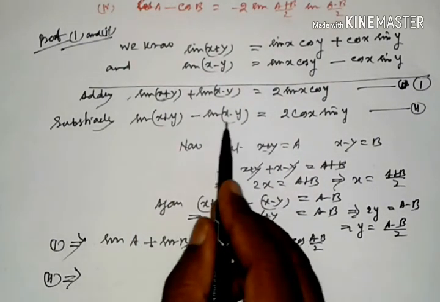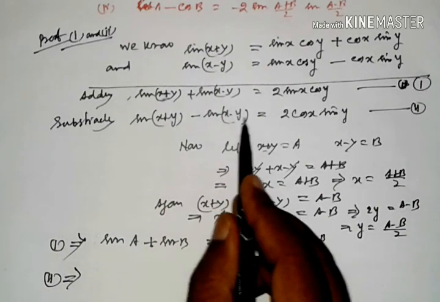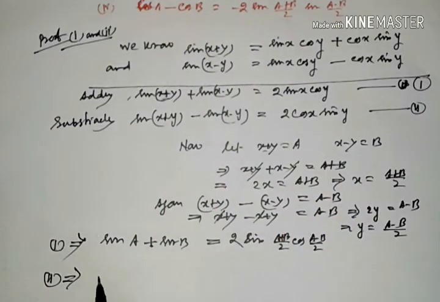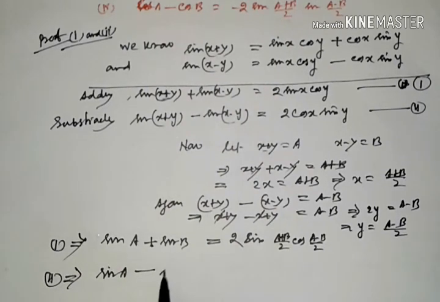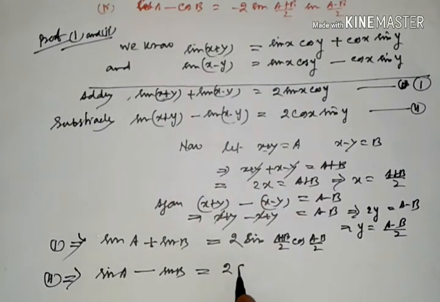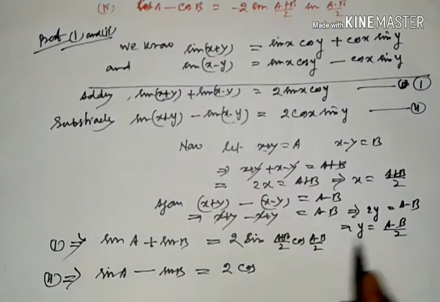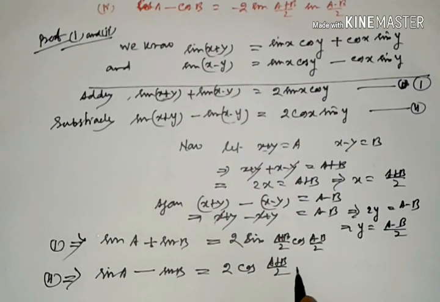If we put the values in 2, we get sin a minus sin b is equal to 2 cos a plus b by 2 sin a minus b by 2.